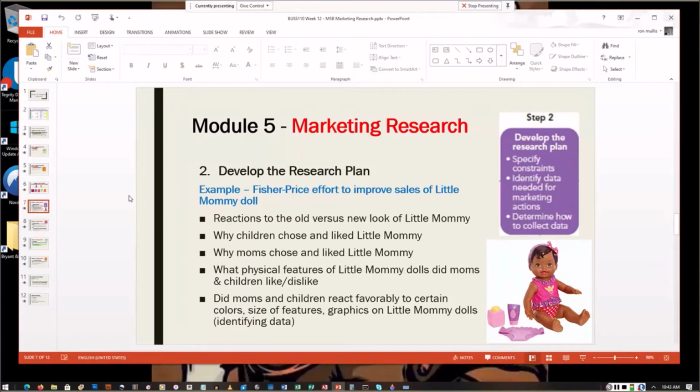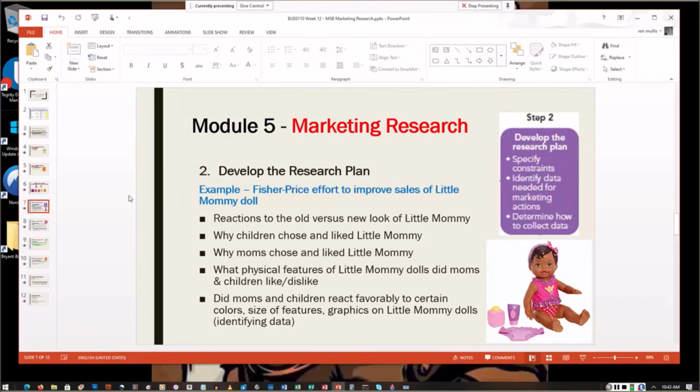If they wrapped up the first phase of the research by then, they would be able to get new dolls in production for the next holiday season. So they were trying to make sure that whatever changes they made, that it would be ready for the next holiday season. If they decided and they waited too long, the production may be stalled and the dolls would not be ready for the next holiday season.